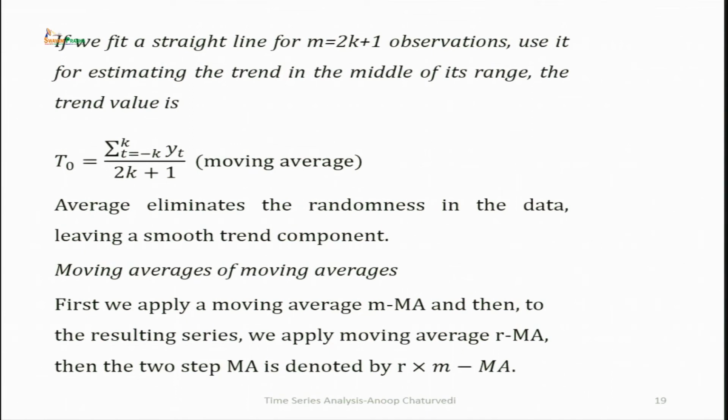Then you can again apply an r term moving average. So, you have series y t, you get m terms moving average, and to this series we apply say r terms moving average. So, this gives you r cross m moving average.